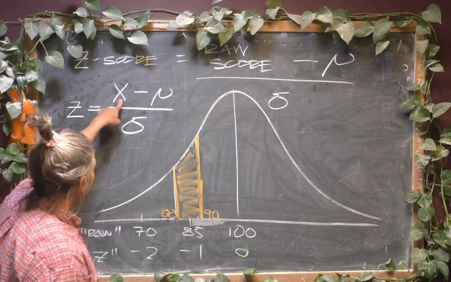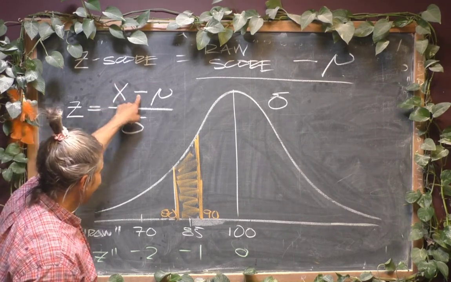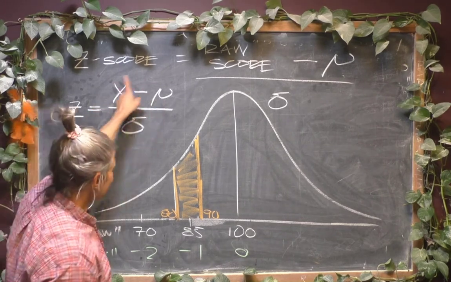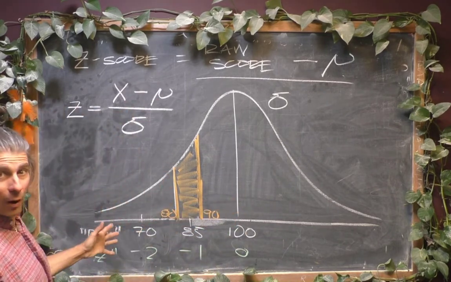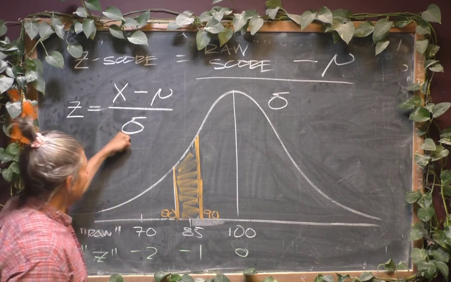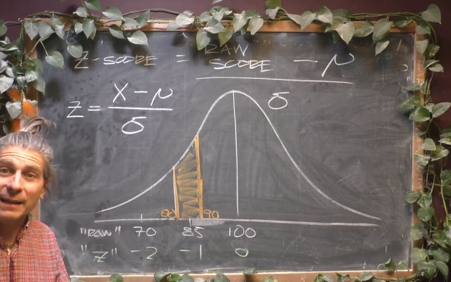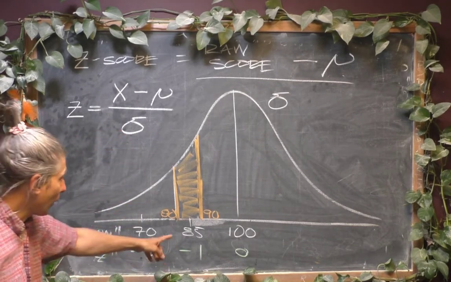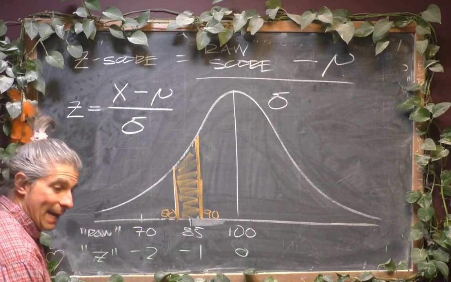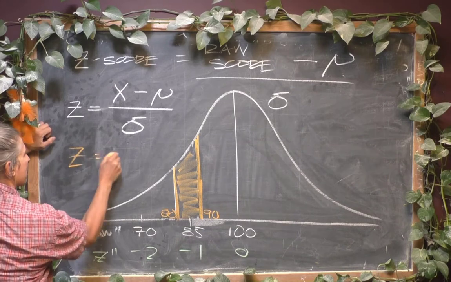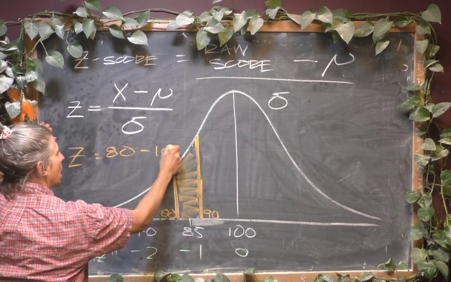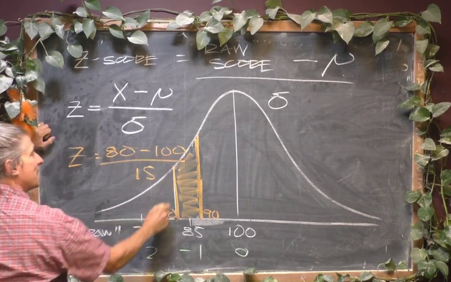So whatever your raw IQ score is, just subtract the average from it. That'll tell you the distance it is up or down from average. And then dividing it by standard deviations tells you how many standard deviations. So for 80, you would take 80 minus 100 divided by 15.